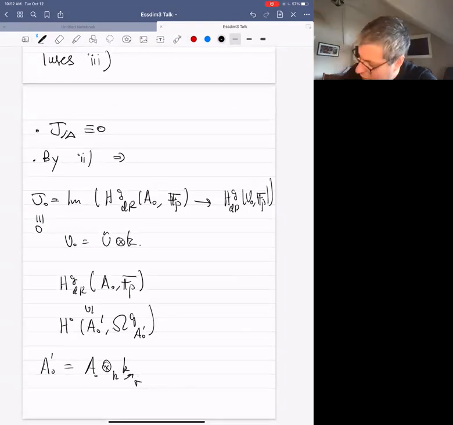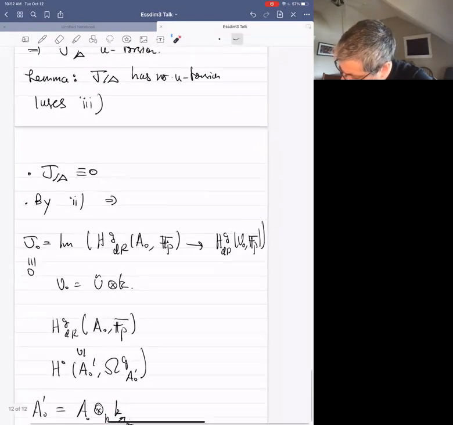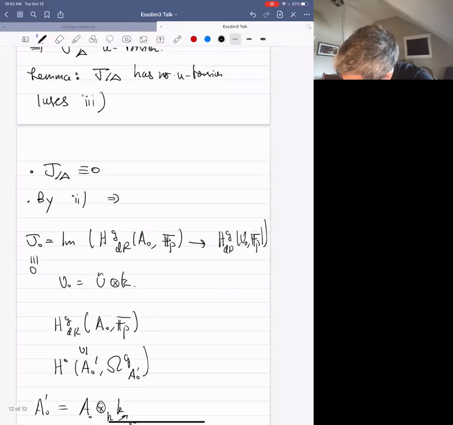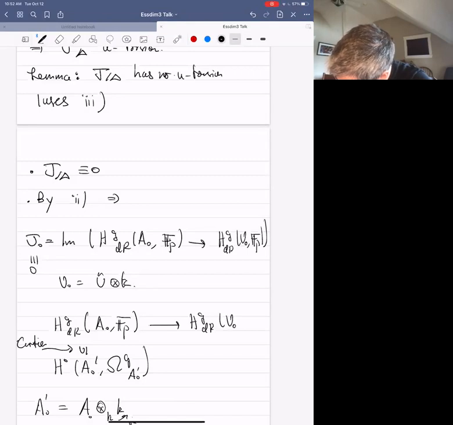So I just have absolute Frobenius on this field K, and I just pull back A naught by this Frobenius, right? And it turns out that there's something called the Cartier isomorphism. So you can show that this is a direct summand here, and that means you can use an argument just as in the rational case.